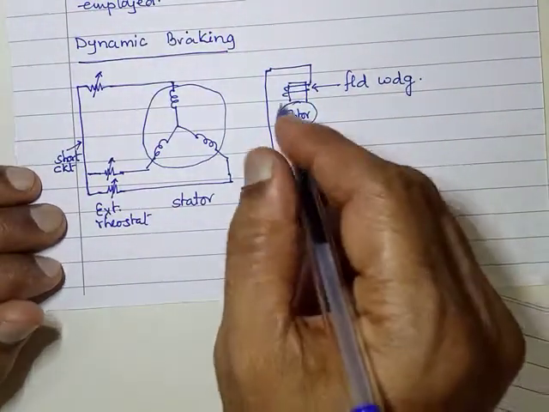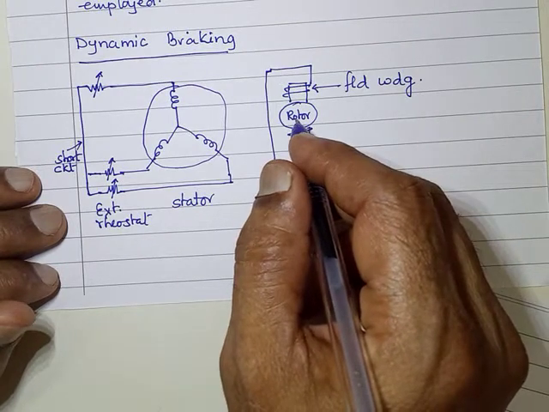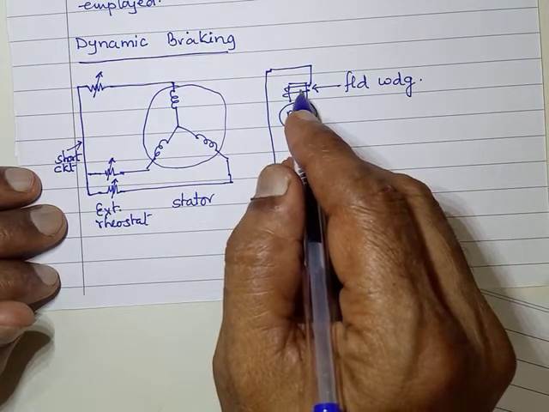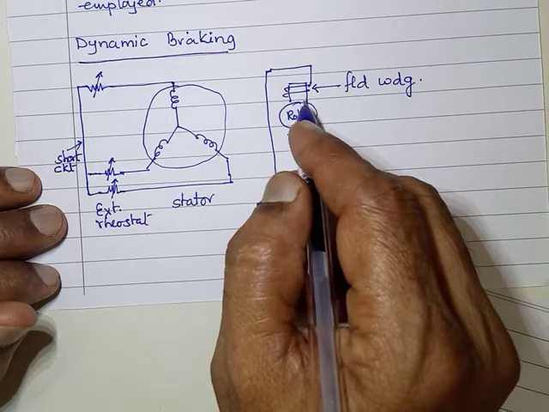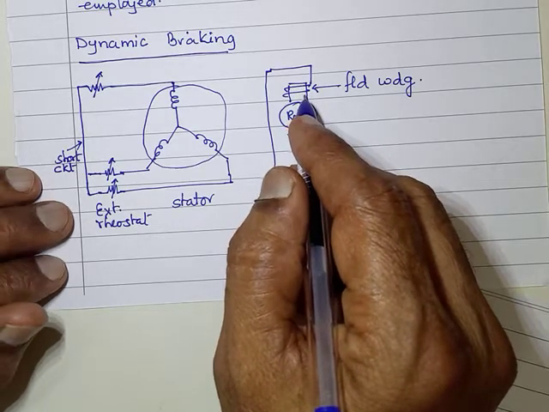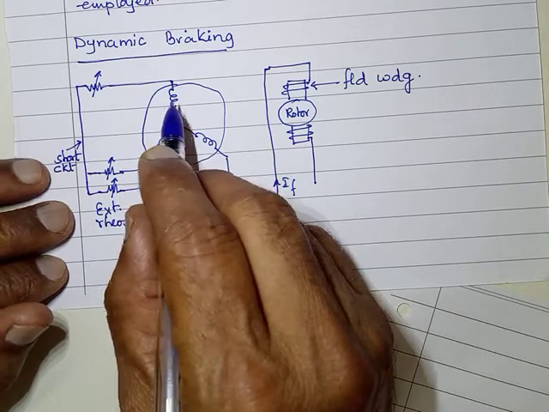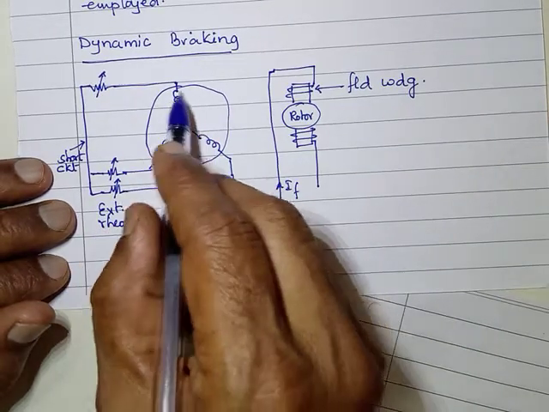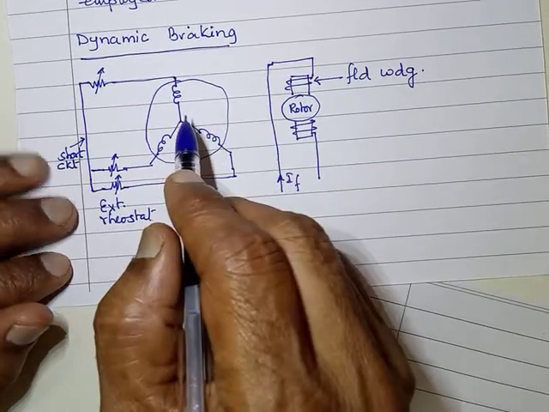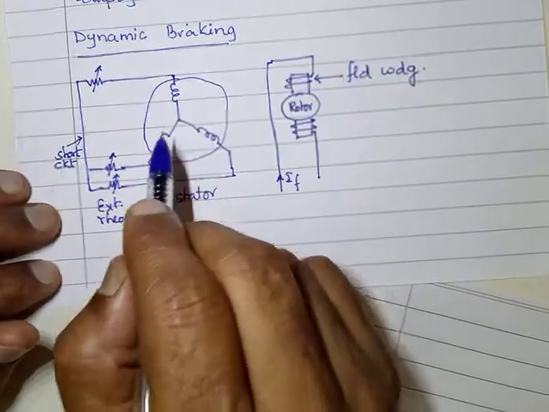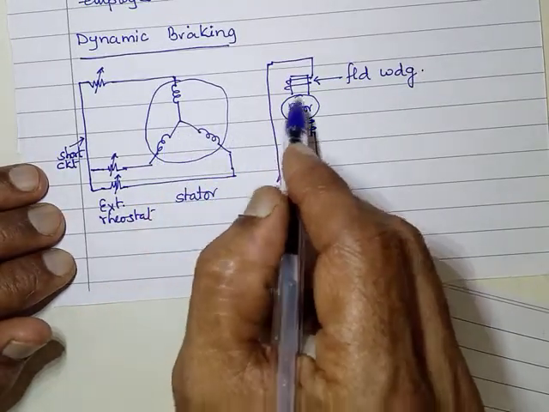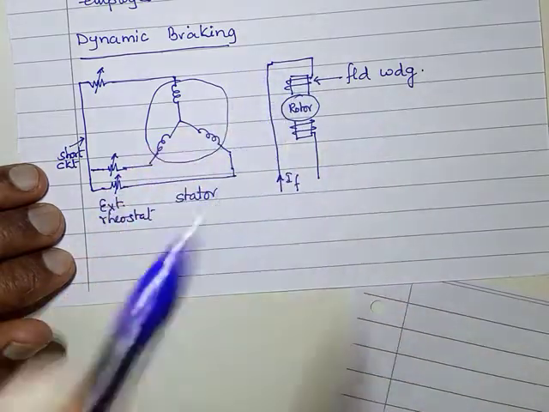When the rotor is rotating, the field also changes linking with the stator. As a result, there will be voltage induced in the stator winding. Obviously, now the action will be generator action.